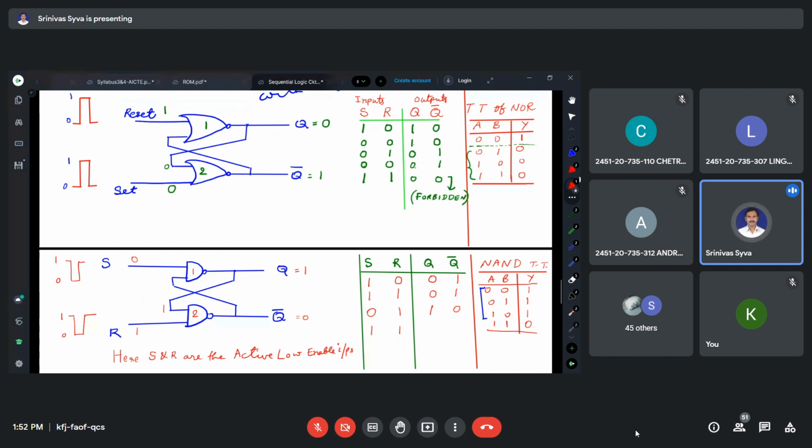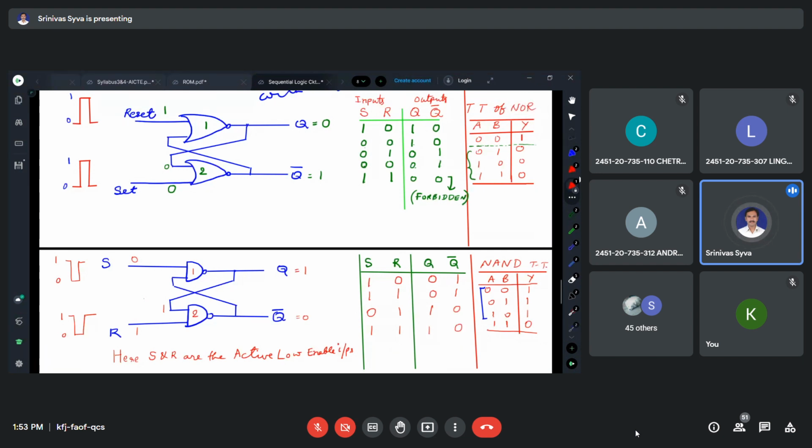Similarly, the intended operation of the reset terminal R is to reset the output to logic 0. But since these two are active low enable inputs, because of the logic 1 state applied to them, their intended operations will not be performed. So whatever previous state is available will be continued. Here the previous state is 1 0, so it will be 1 0 only.